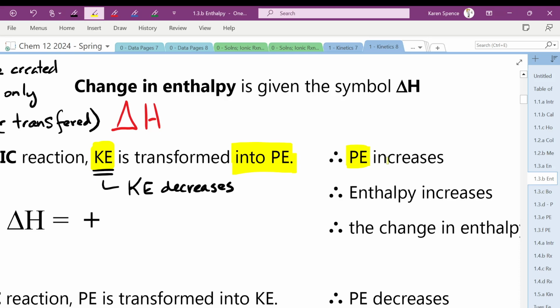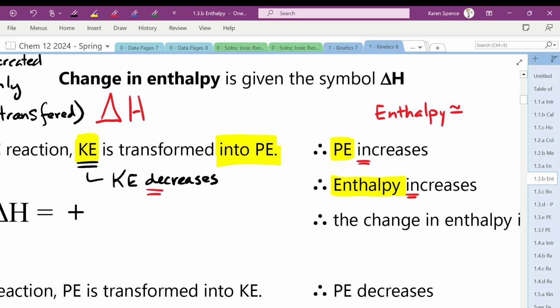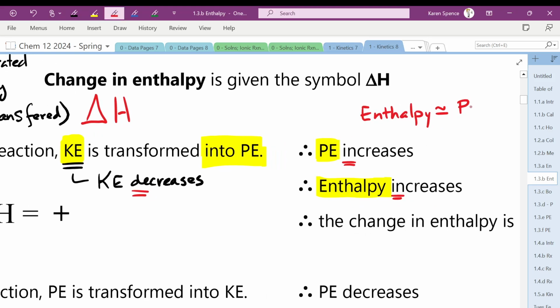So the potential energy increases, and the kinetic energy decreases. Now remember, we said that enthalpy, we can think of it as potential energy. So if the potential energy increases, then the enthalpy also increases, because enthalpy is approximately equal to the potential energy.